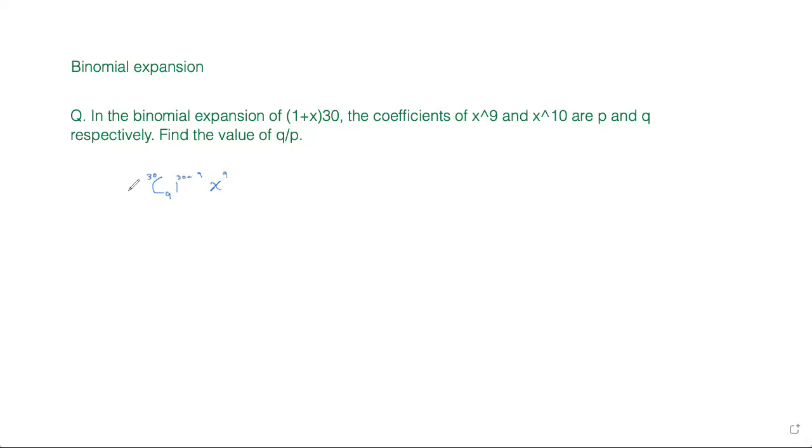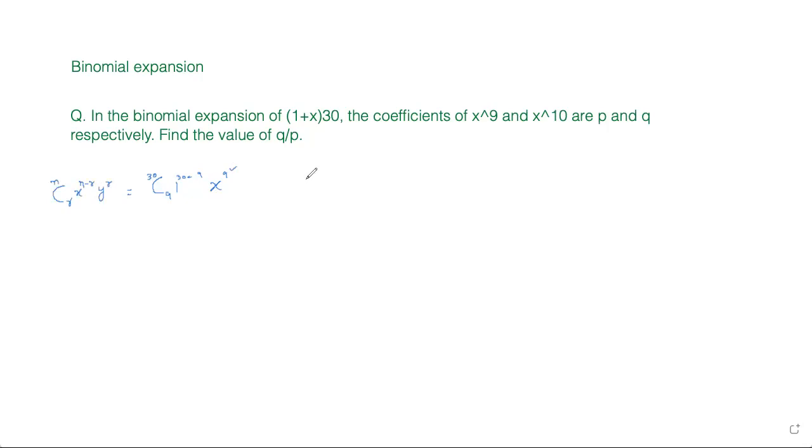Because we are using this formula, the combination of r and n, then the first number is x power n minus r and y power r. So this will be the term that will have the x power 9 term.